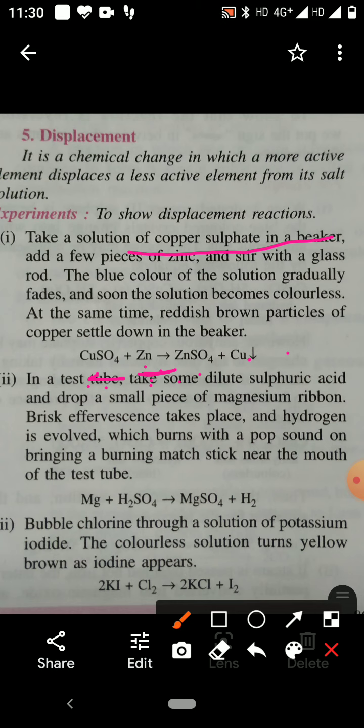Now, like this, we are taking another example. In the next example there is dilute sulfuric acid, H2SO4. When we drop a small piece of magnesium ribbon in the dilute sulfuric acid, a reaction will occur.